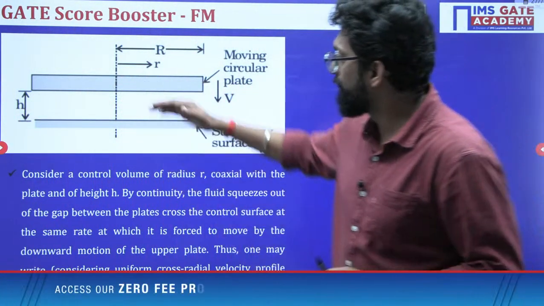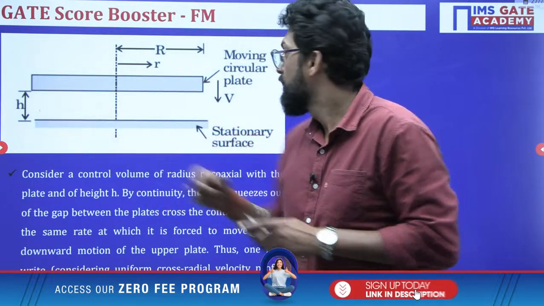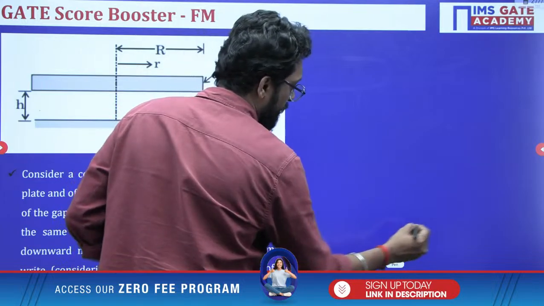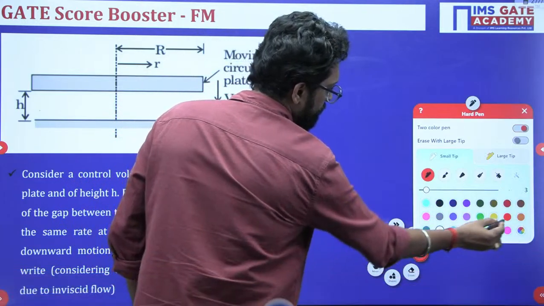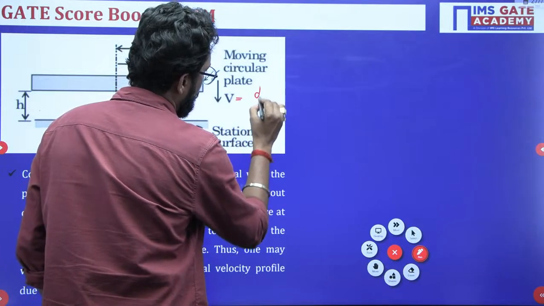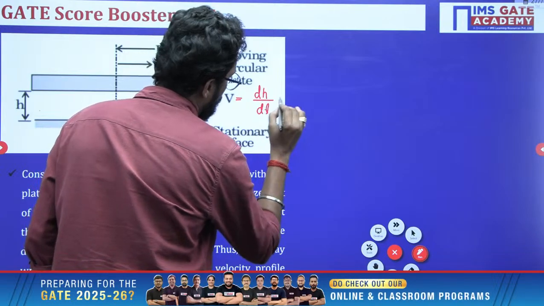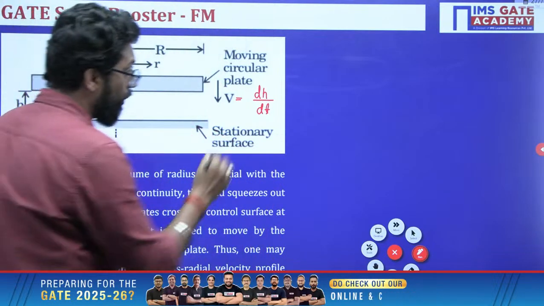That means as time passes, this h will reduce. And what is this velocity? Very important. This velocity is dh by dt, yes or not? First thing. But always remember, this is negative.